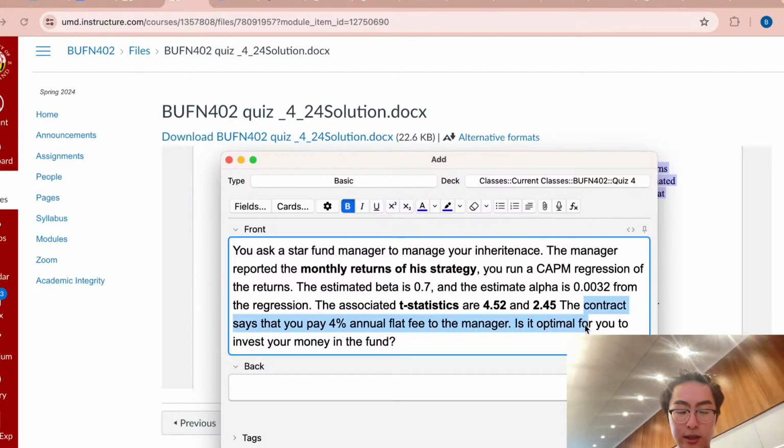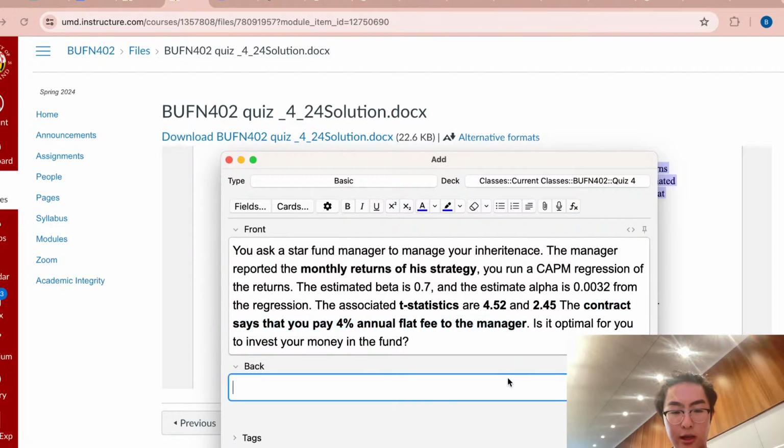The contract says you pay a 4% annual flat fee to the manager. Is it optimal for you to invest your money in the fund? So I think one thing to think about here is what is the annual alpha that you're receiving compared to the 4% annual flat fee? I think one way we could do that is we can multiply this by 12 to find a quick estimate of the annual alpha. So let's start with that.